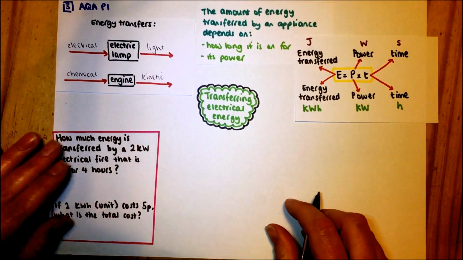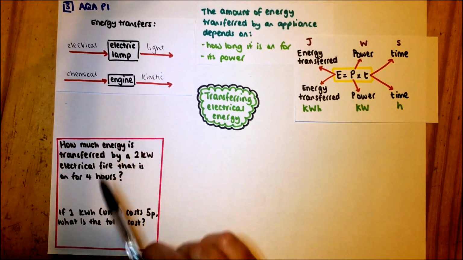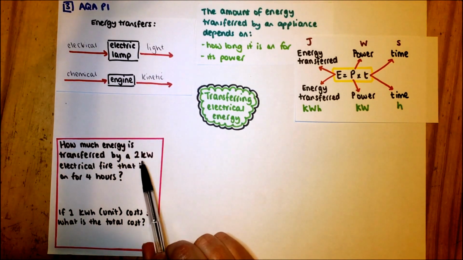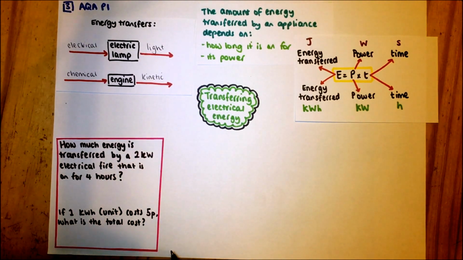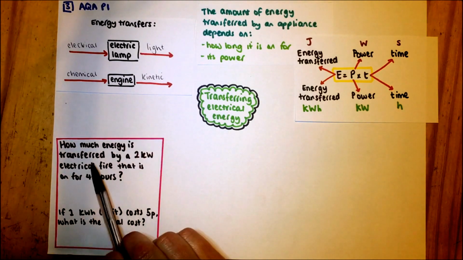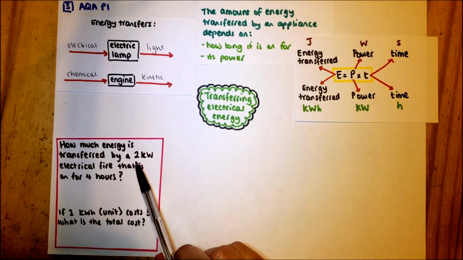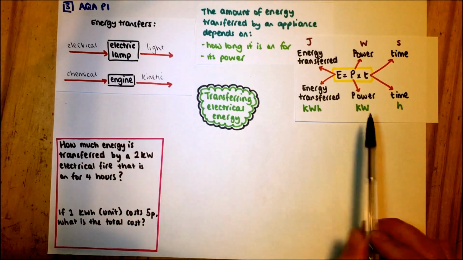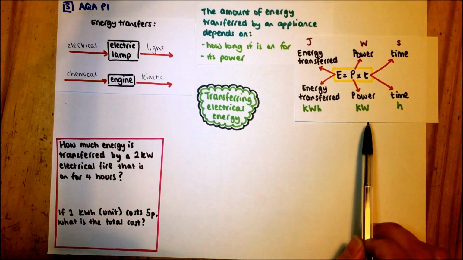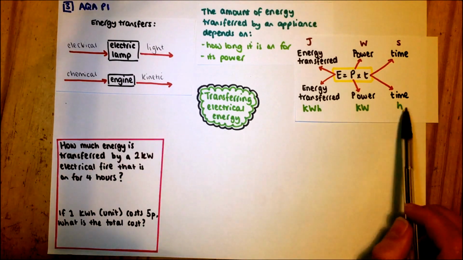So if we look first of all at this example here, how much energy is transferred by a 2 kilowatt electrical fire that's on for 4 hours? So we want to know how much energy is transferred. Which equation do I need to use? Let's look at what I'm given. 2 kilowatts, that's my power in kilowatts, and it's on for 4 hours.